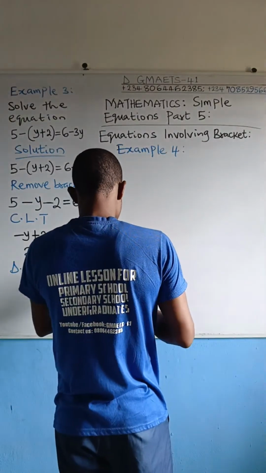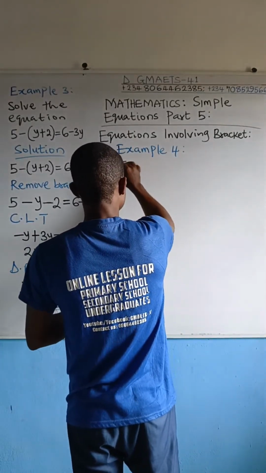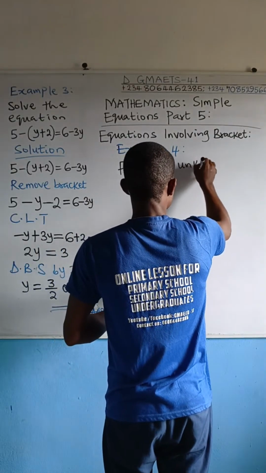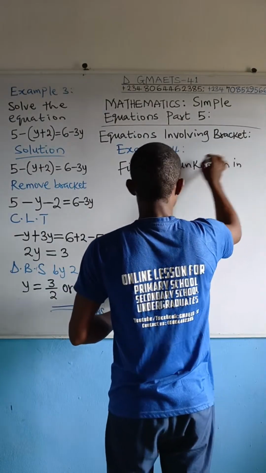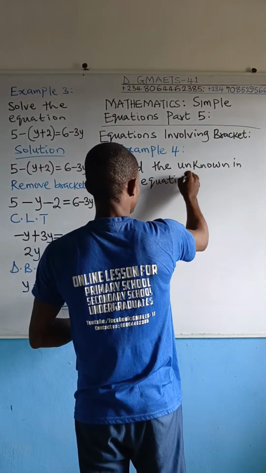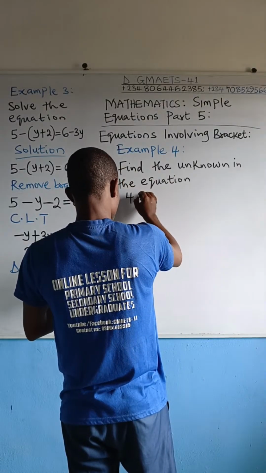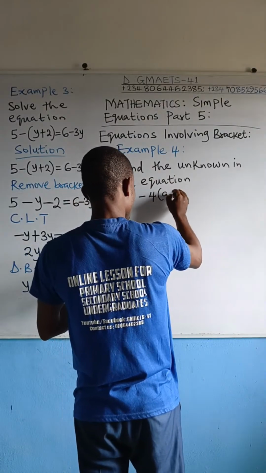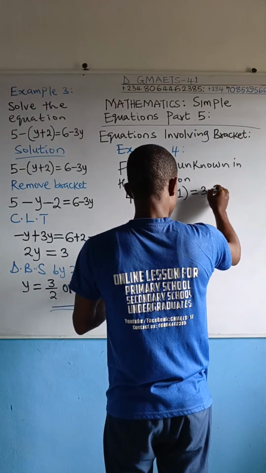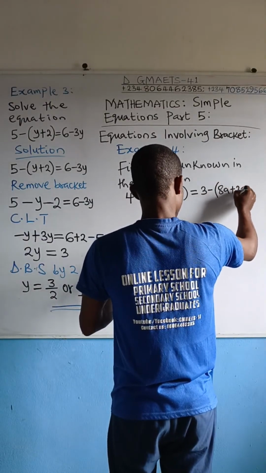Okay, friends, let's look at our last question. Find the unknown in the equation: 4 minus 4 bracket a minus 1 equal to 3 minus open bracket 8a plus 3.